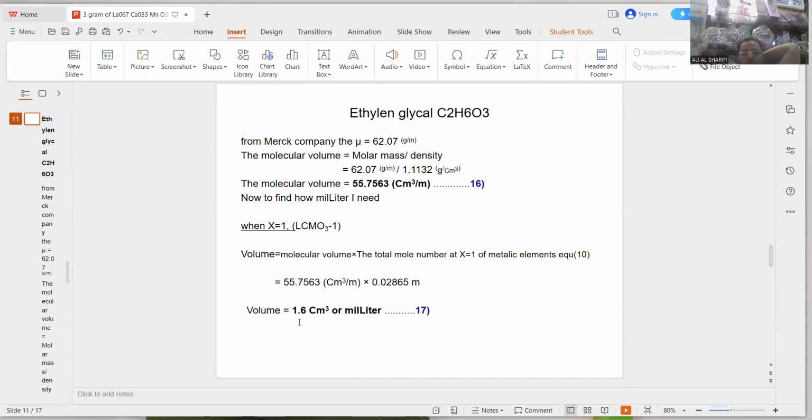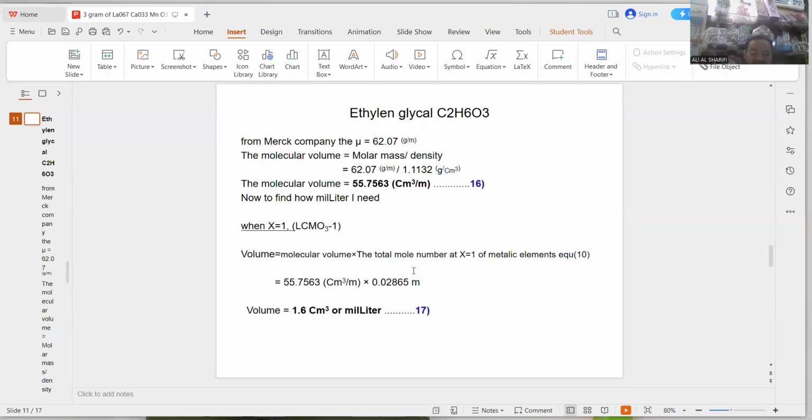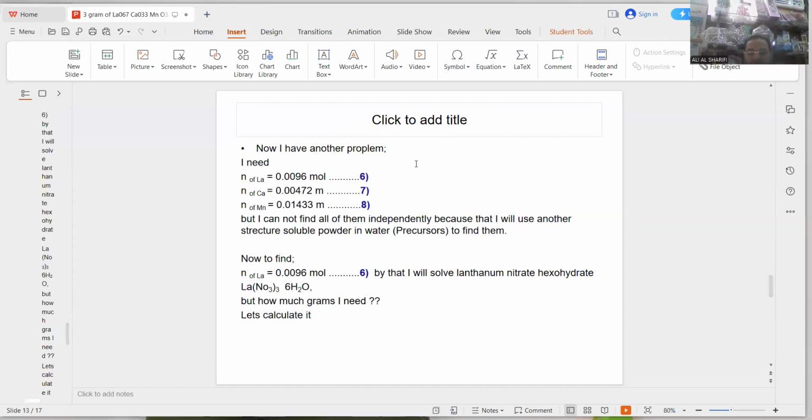At 1, I needed 1.6 milliliters. We can solve the 10 molar ratio faster by saying 1.6 at equation 17 multiplied by 10 to be 16 milliliters, or you can use this way. I prefer this way.